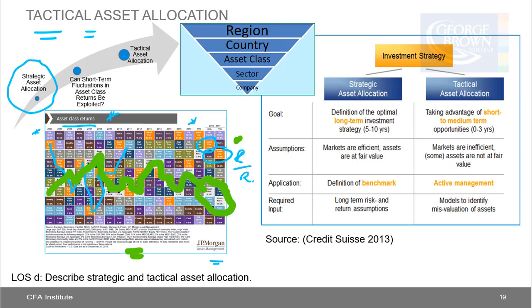But forecasting markets is difficult, and tactical deviations do not always benefit the investor. The difficulty of forecasting means investors may choose to maintain their strategic allocation within predetermined ranges. And that's what we looked at. The range, unless it gets outside of that range, you don't do anything.